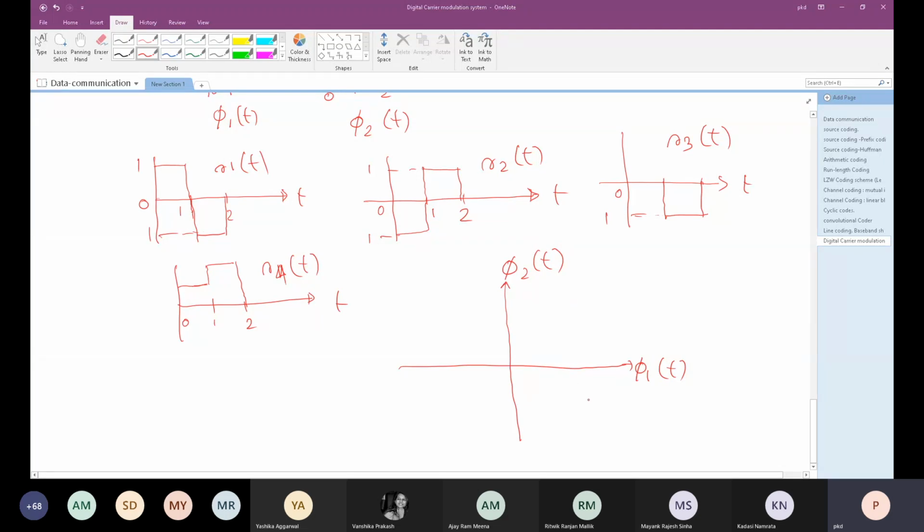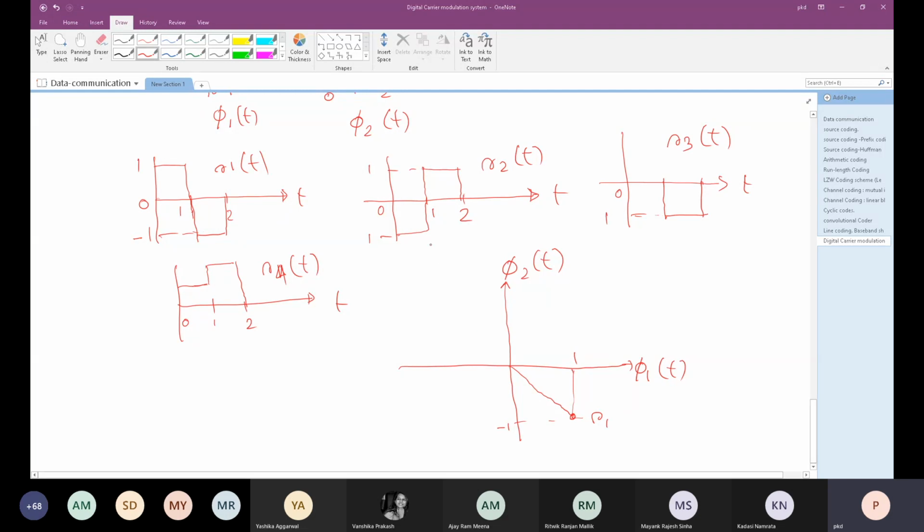So S1 would be say both 1 and minus 1, of course. So this is S1. It's just like a vector. Signal space diagram is like a vector.